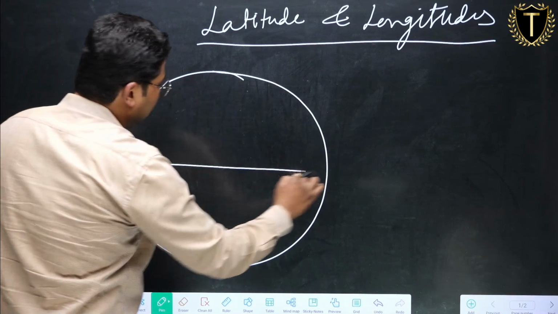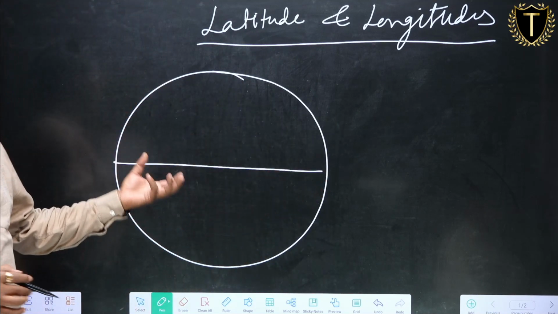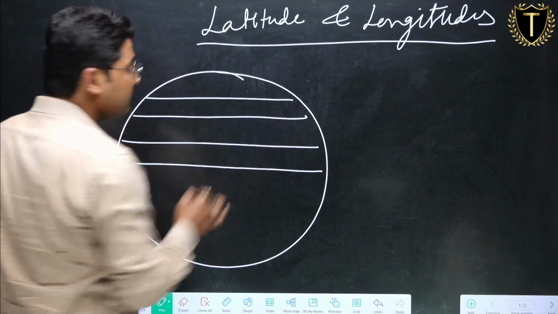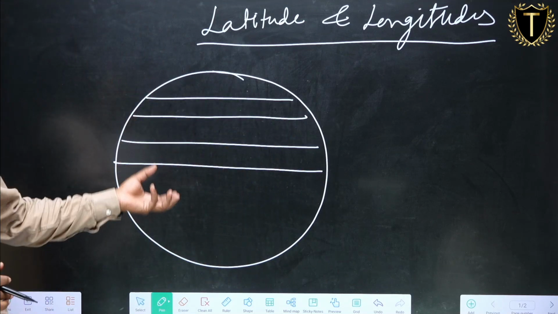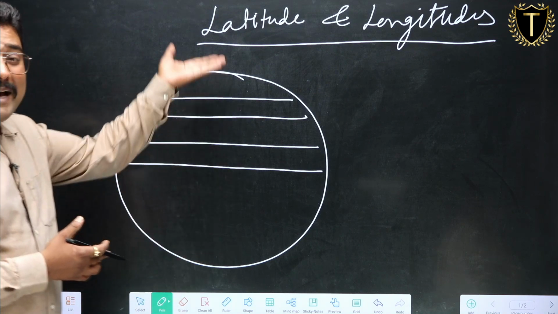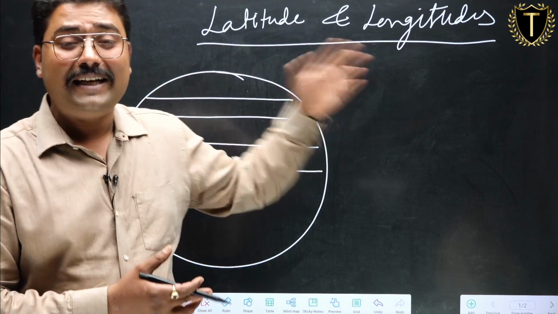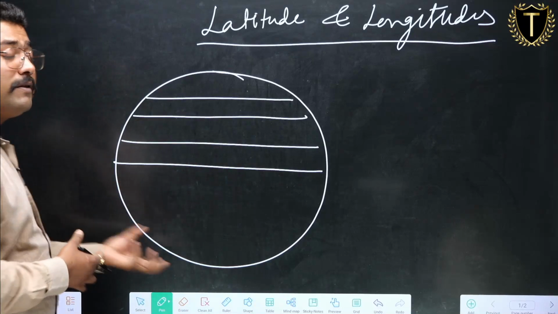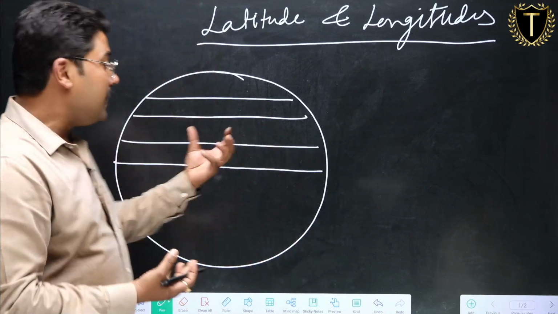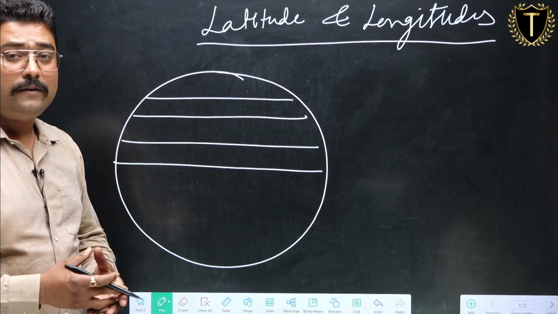If we talk about the latitudes, then they are also known as parallel lines. Means every line is just moving parallel to each other without intersecting, and the most important thing, the distance between two latitudes is 111 kilometers, and the shape of latitudes is a complete circle.